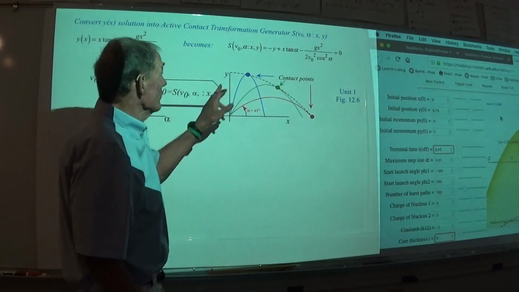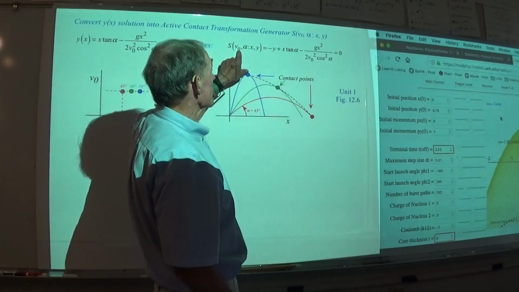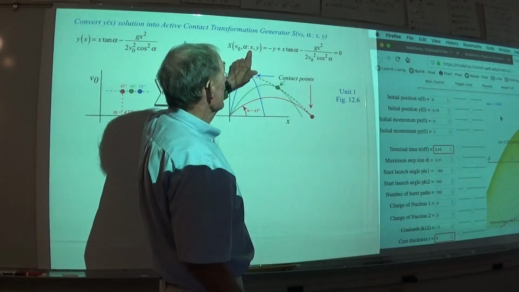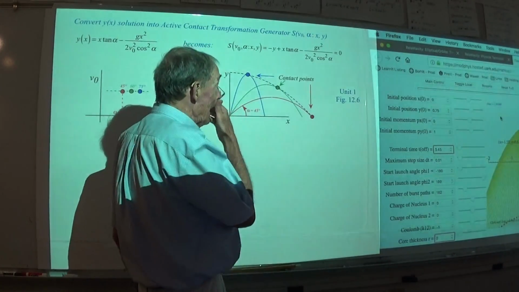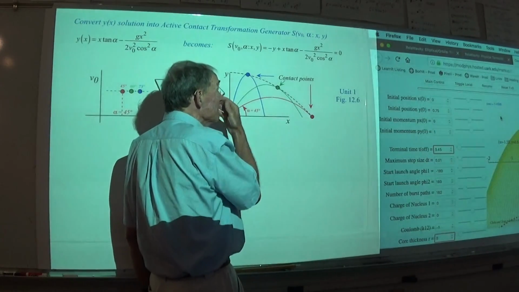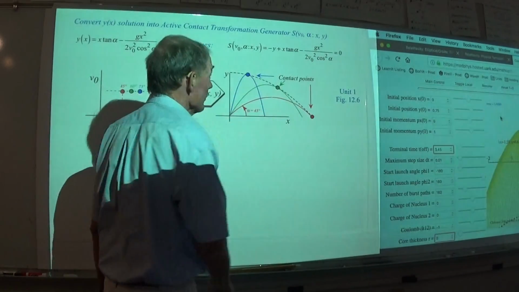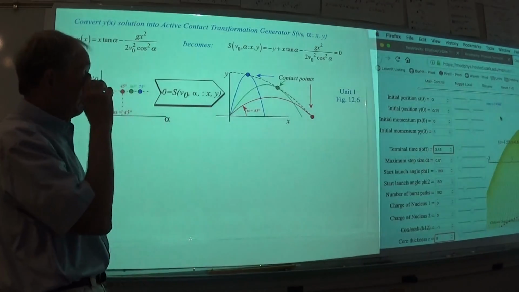So, I'm going to say S of the initial velocity parameter and the initial angle parameter, colon, and then it's a function of x and y. That's all we care about. We don't care about time anymore, trying to figure out what's going on in space. And S equals 0 is the equation that this is. So this particular generator equals 0.